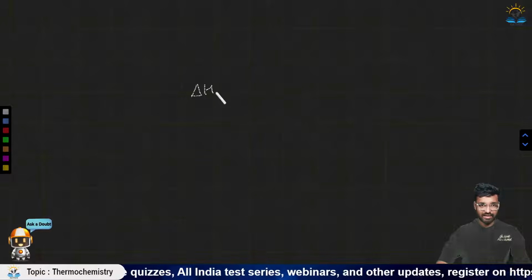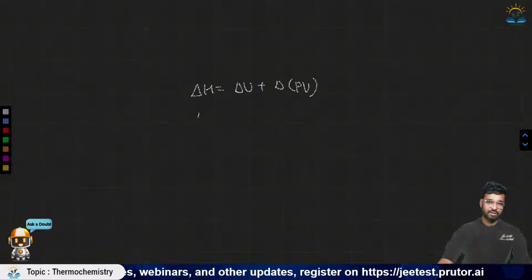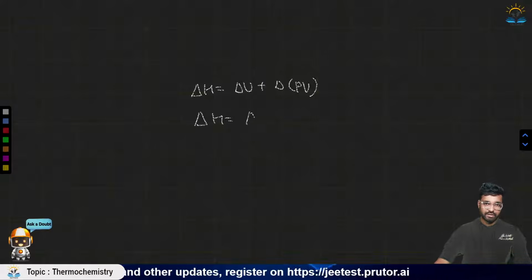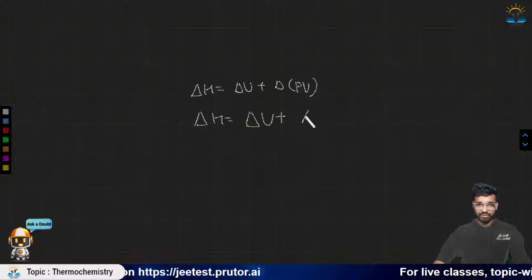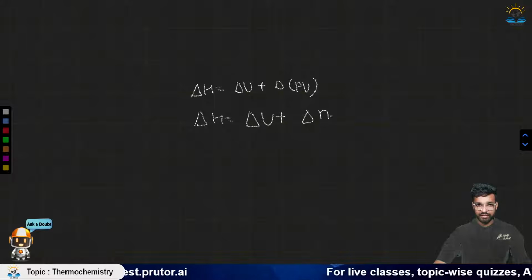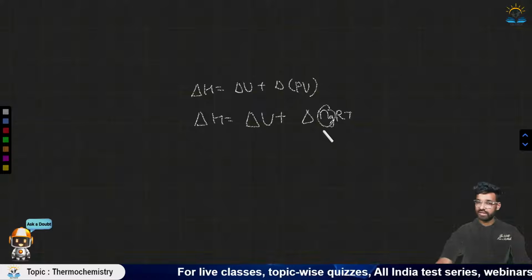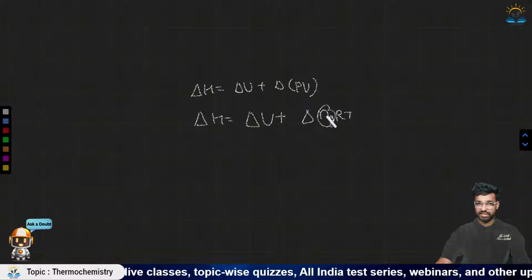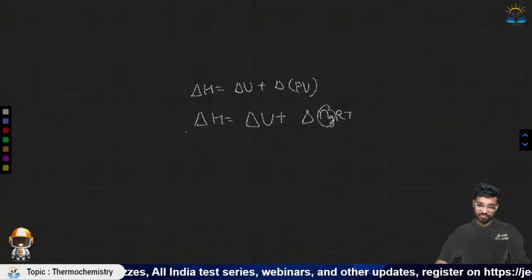We know that delta H is equal to delta U plus delta PV. Now since delta U is known, we do not know delta PV, but if we put PV in place as delta Ng RT, so why are we using Ng RT? Because PV equals nRT is for gaseous molecules, so only the change in number of gaseous molecules should be considered. So this is the formula.